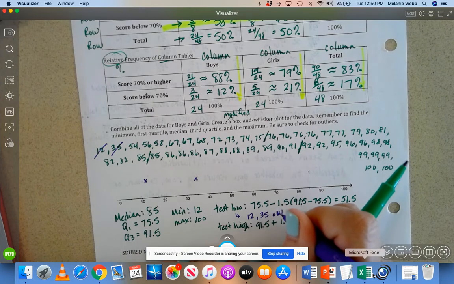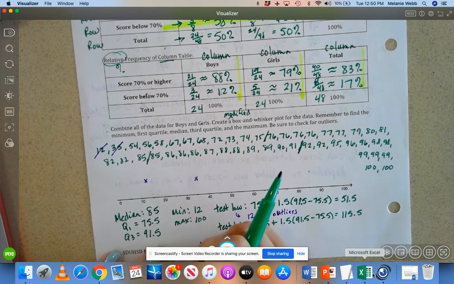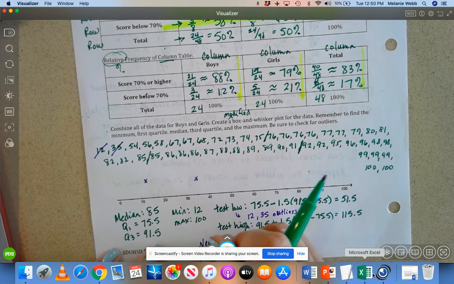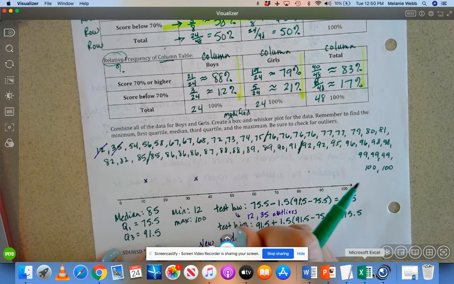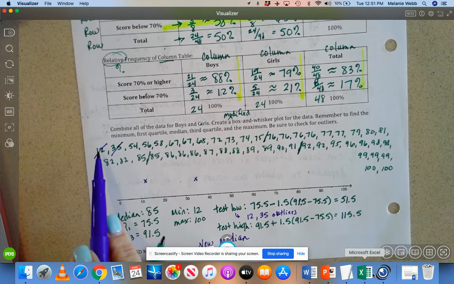Now I have to refigure this information. My new median: I don't have 48 pieces of information anymore. Now I only have 46 because I had to throw out my 12 and my 35.